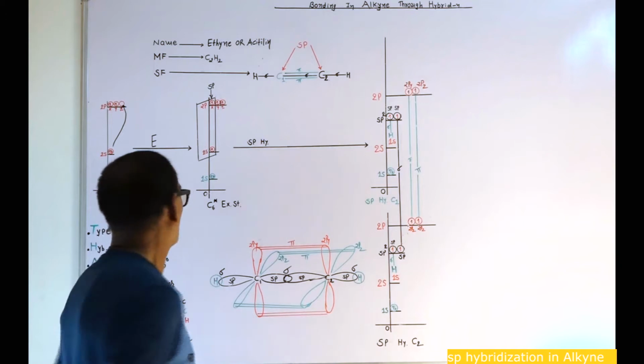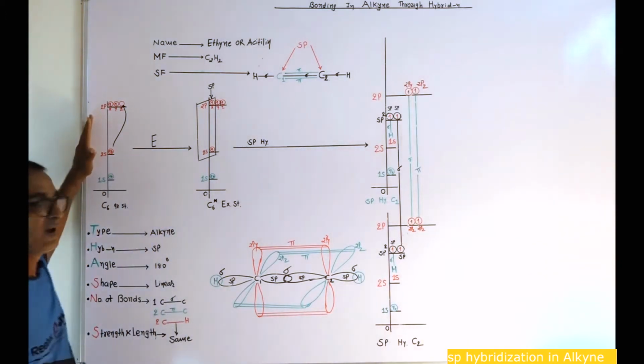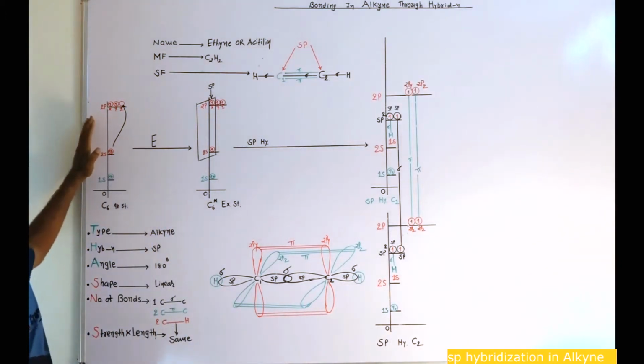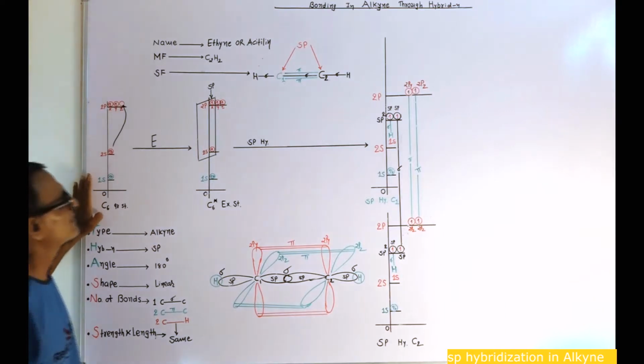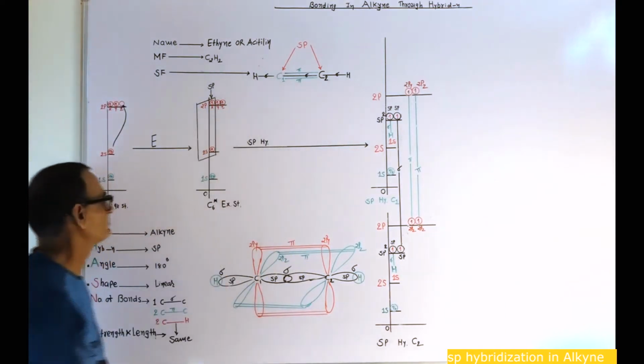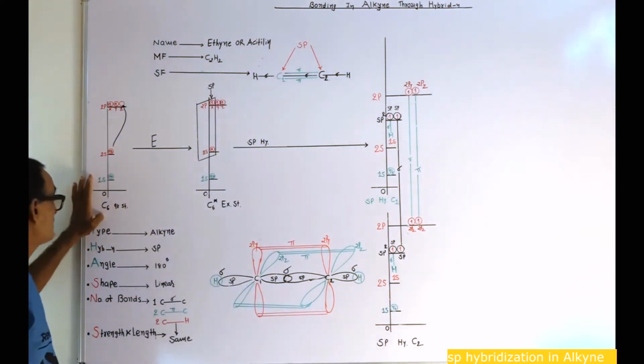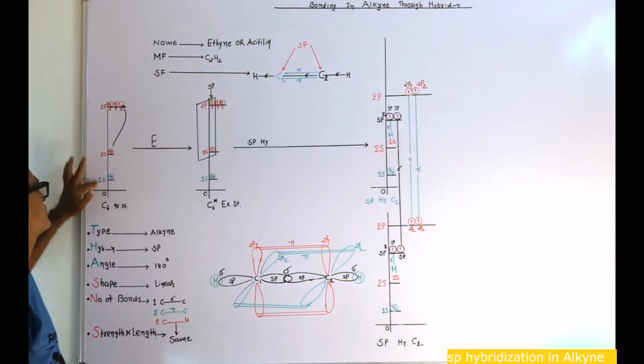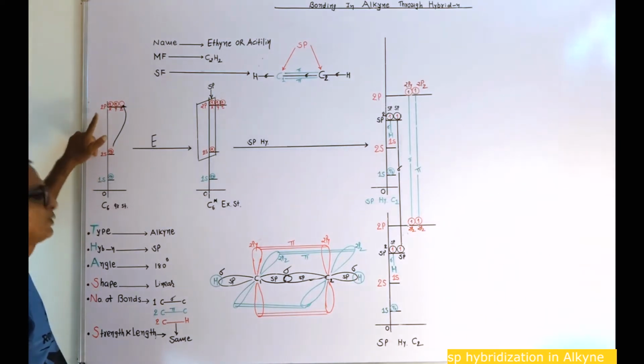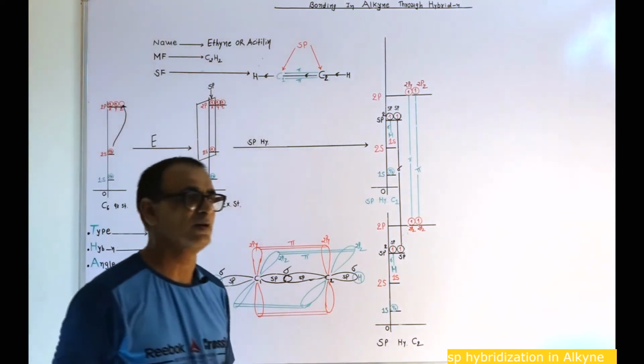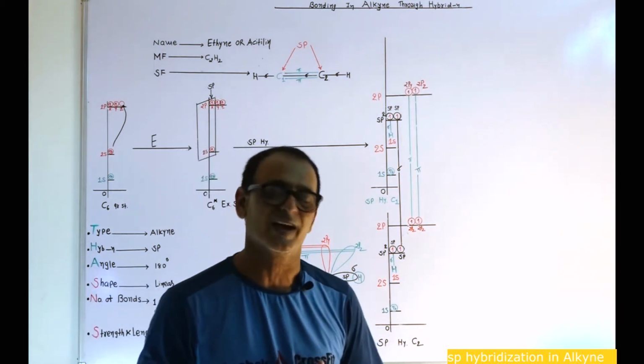Now, first of all, we'll take ये C1 ले लेंगे. As per the electronic configuration of C1 in the ground state, 1s2, 2s2, 2px1, 2py1 and 2pz is vacant.